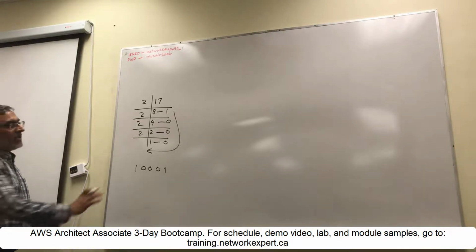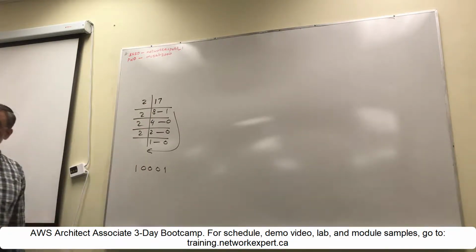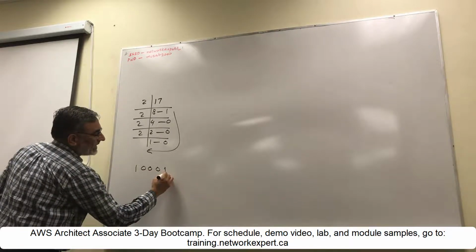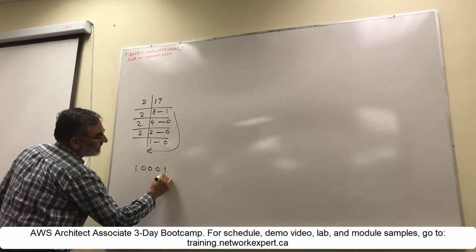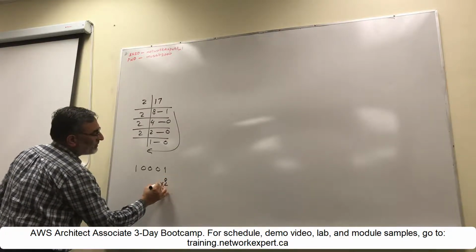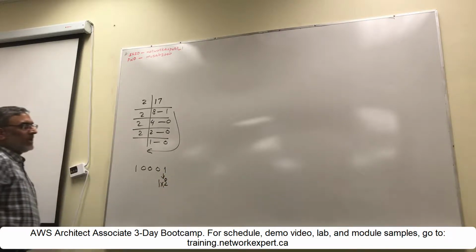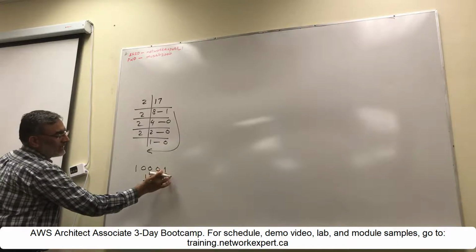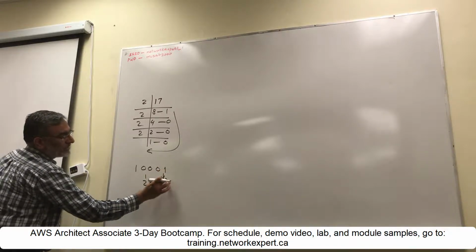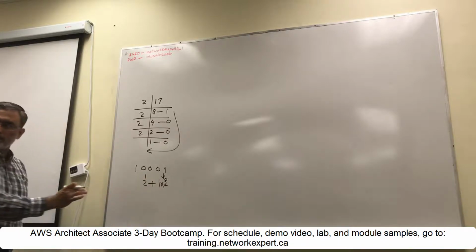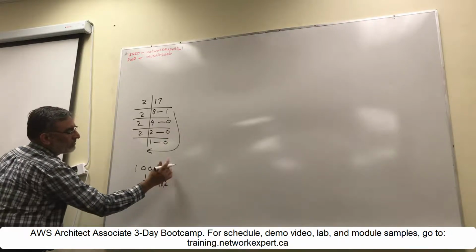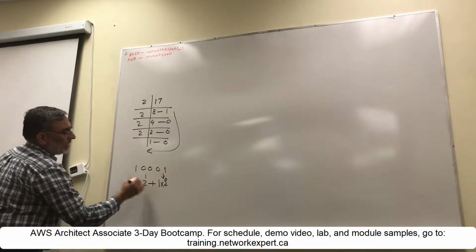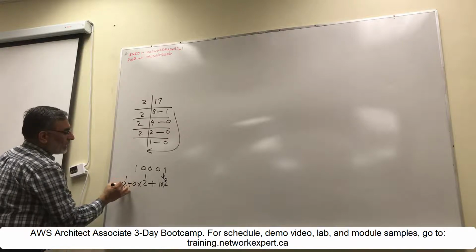Okay, and if 17 is this in binary and I want to change it into decimal, we will say that for the first bit, the value is 2 raised to power 0 multiplied by 1. So this is the one, okay, plus 2 raised to power 1, because we will increase the power of the base by 1 each time. Okay, so 2 raised to power 0 multiplied by whatever bit we have, plus 2 raised to power 1 multiplied by 0, plus 2 raised to power 2 multiplied by 0.